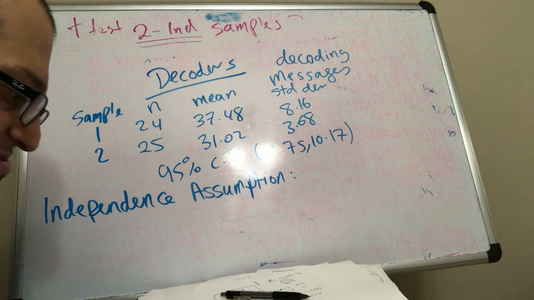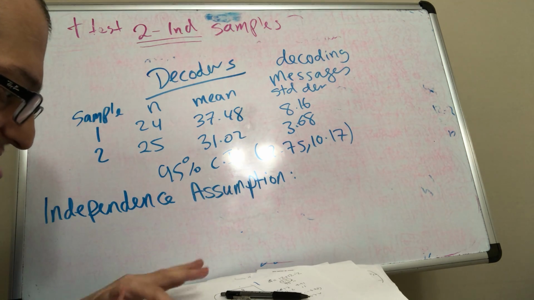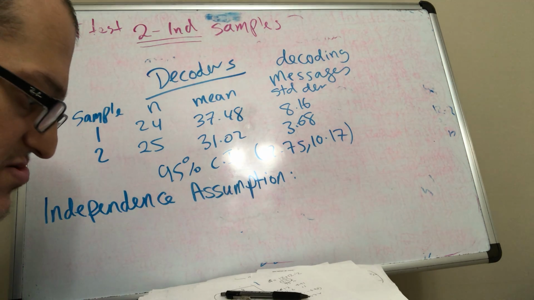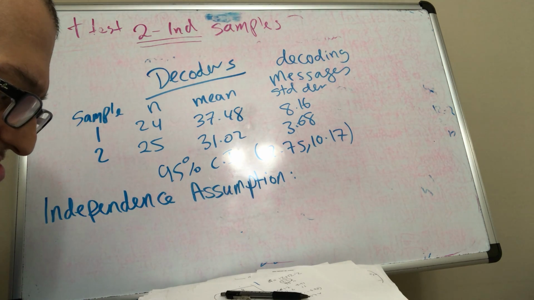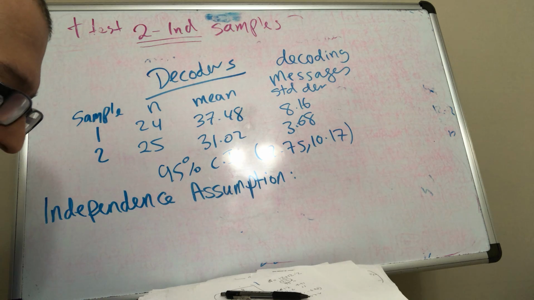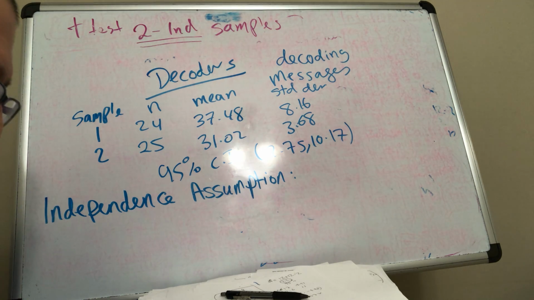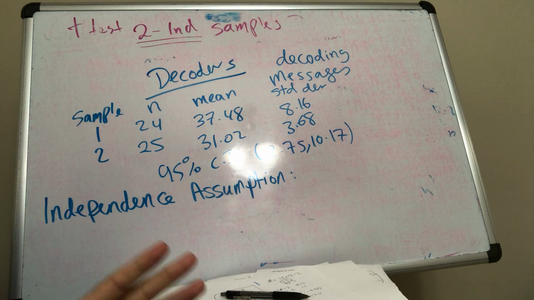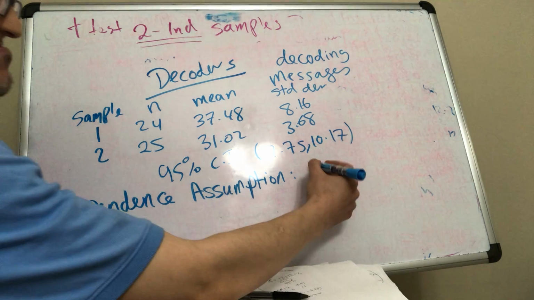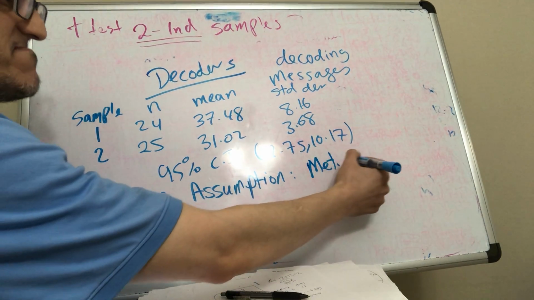So if you go back to the question, in paragraph 2, two special agents randomly assign 49 randomly selected messages to two groups. So when you see this, then this condition is met.